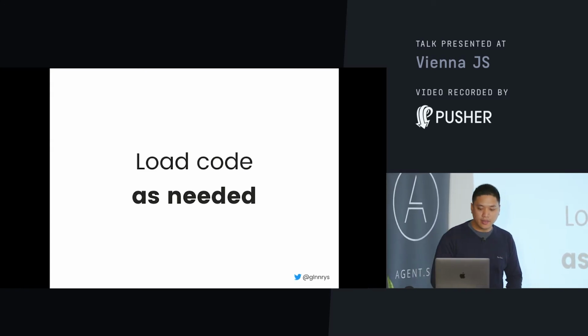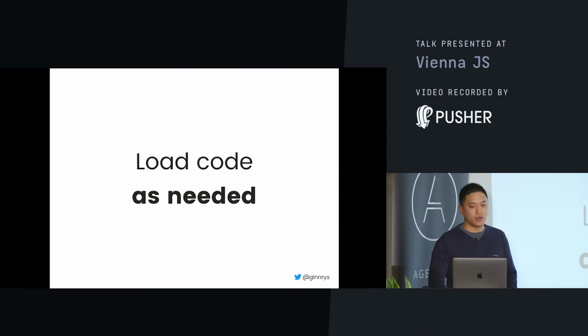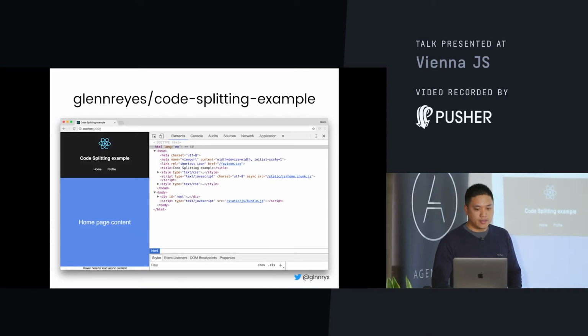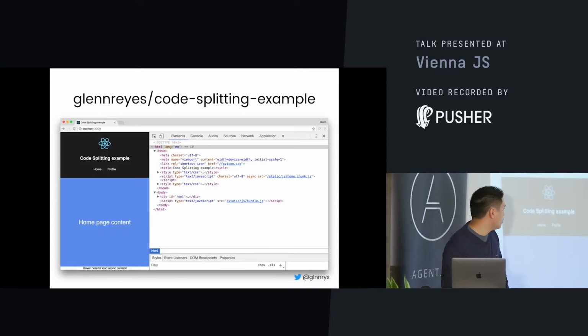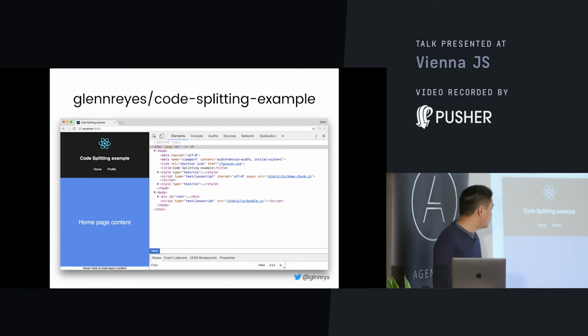So you might be curious about how this works, so let's take the app example from earlier, where we have our home route with the blue background.